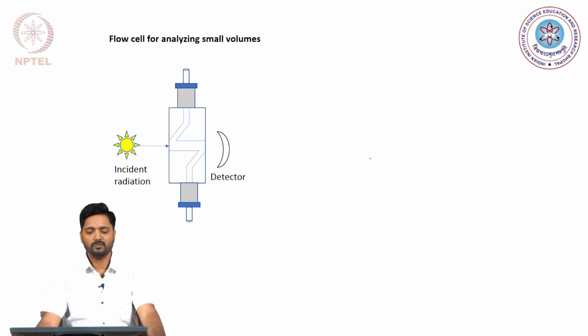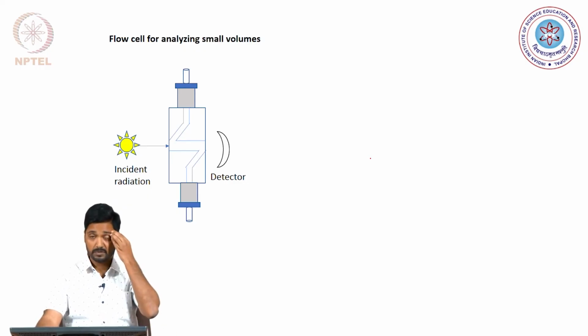Now, I have also listed to you the unique design of the flow cell that can be used for analyzing small volumes of eluents that are coming out of the chromatography column, and often the detectors are continuously monitoring the eluted solvent system to check for the presence of the analyte in the eluted solvent.